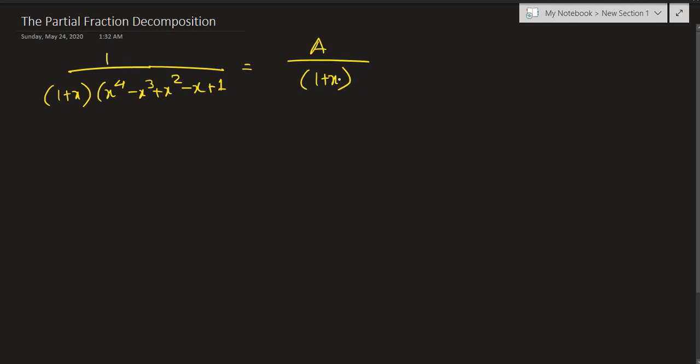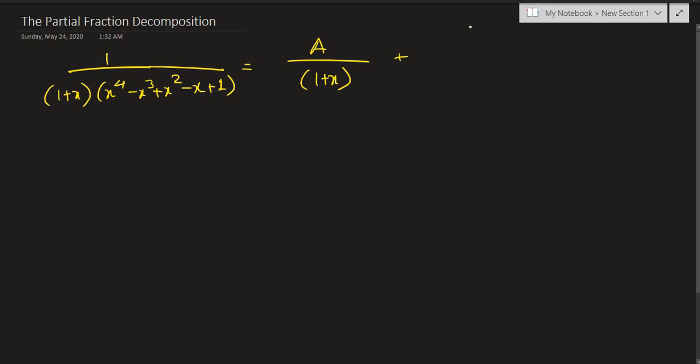So the denominator has a degree 1 because it's a linear term, so the upper numerator has to have degree of 0, which is nothing but a constant A. But now using the same logic for the second factor, we have a degree of 4 for the second factor. So we need to have a polynomial of degree 3, basically a cubic polynomial.